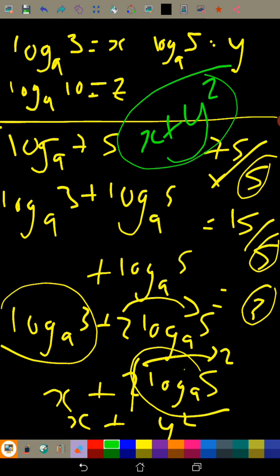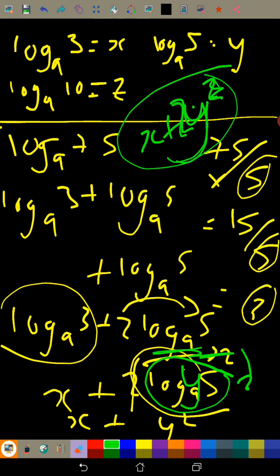No, no, no. Sorry, we don't do this. We just keep this here. Because if we do this, we will not have, this is y. So it's just 2y. It's not to the power. That was wrong. Okay, that's done.